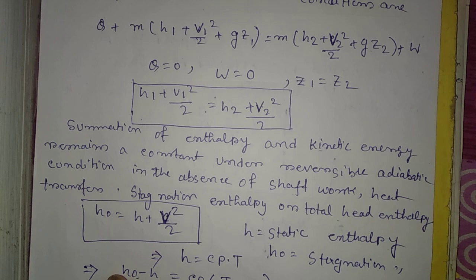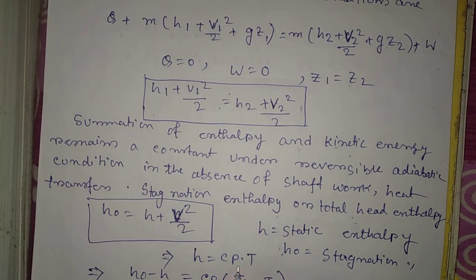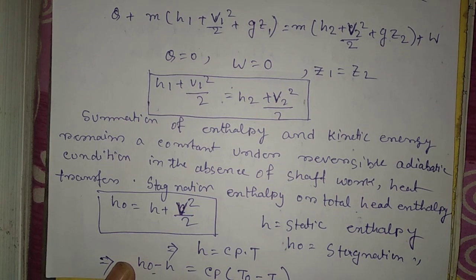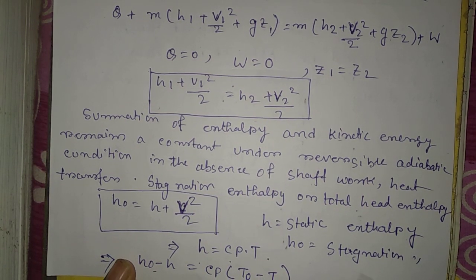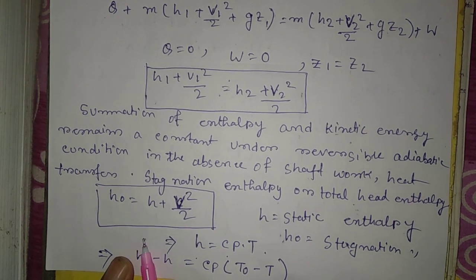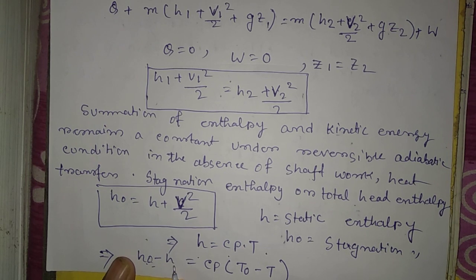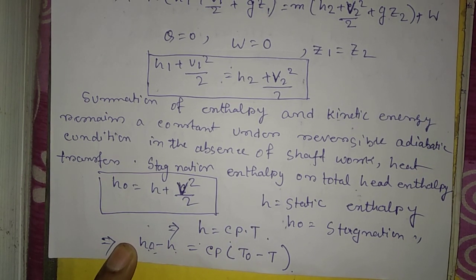Now, from basic engineering thermodynamics, I think all of you know that h is equal to Cp times T, so h0 will be Cp times T0, where T0 is the stagnation temperature. Now h0 minus h will be Cp times (T0 minus T1) from that concept also.